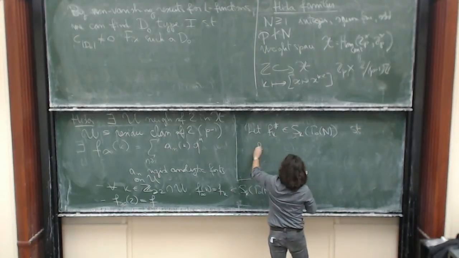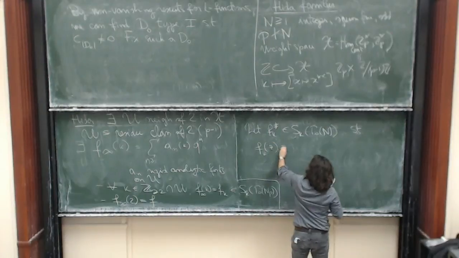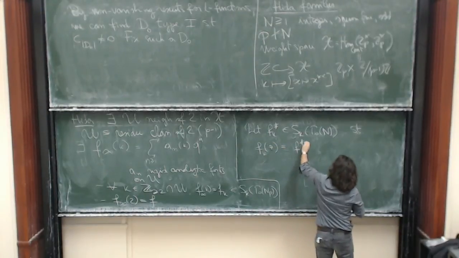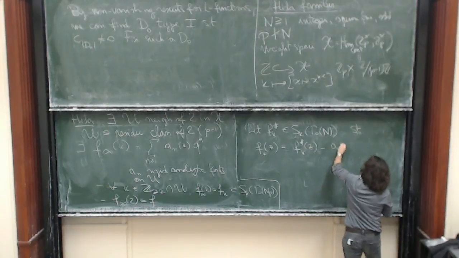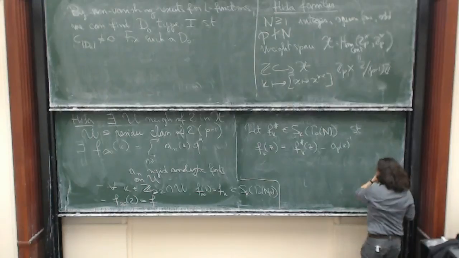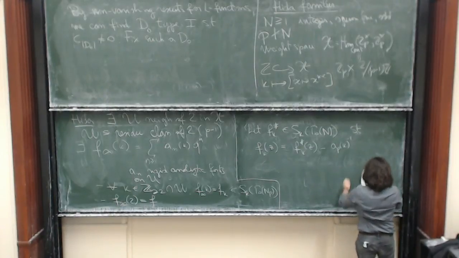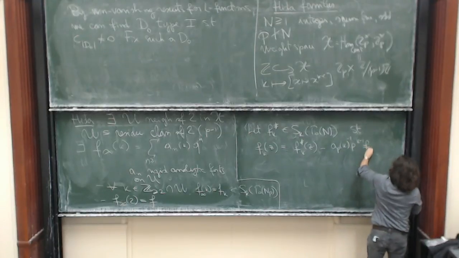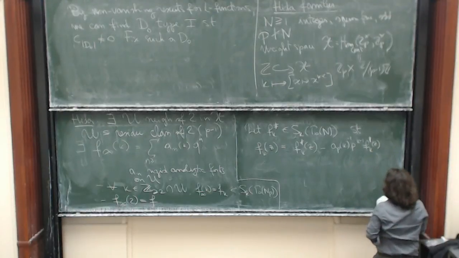This just means that f k of z is f k sharp of z minus the eigenvalue of the Hecke operator at p times p to the k minus 1 times f k sharp of z. Okay?